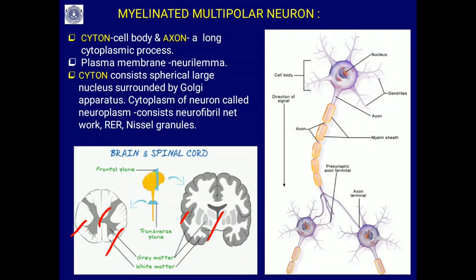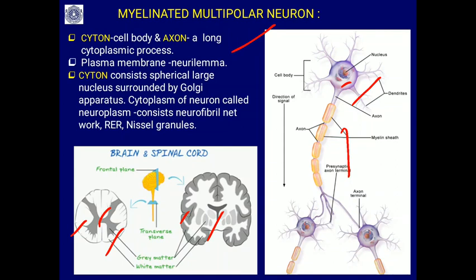Then coming to the detailed structure of a multipolar neuron, it has a cyton and an axon, you know that. The plasma membrane of the neuron is called neurolemma, and the cytoplasm is called neuroplasm. The neuroplasm has a typical cell structure.